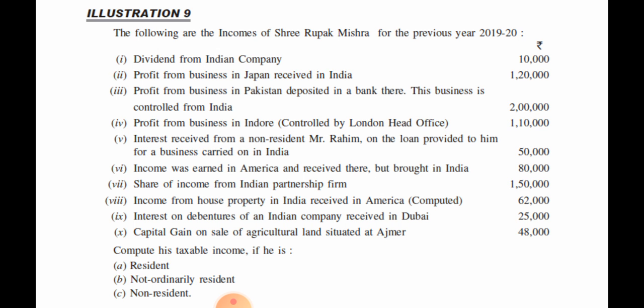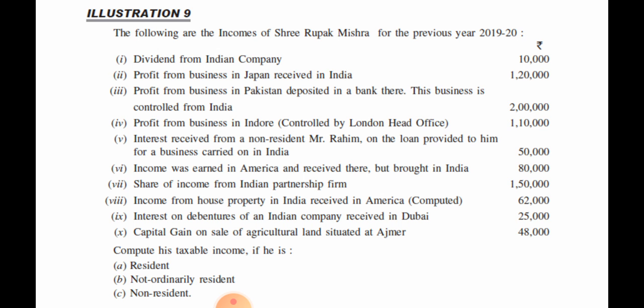It is a foreign income, and we have categorized foreign income in two parts: business income and other income. Here in this point, no business information is given, so we will simply assume it as other income. And other incomes are only taxable for the ordinarily resident if it is foreign income.